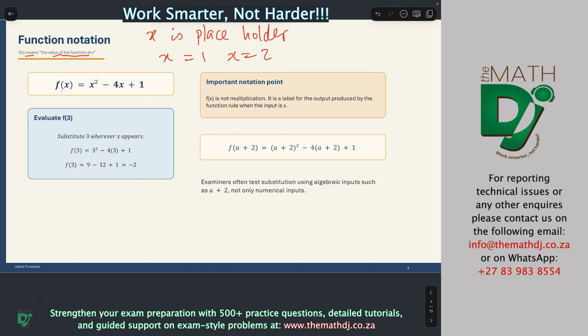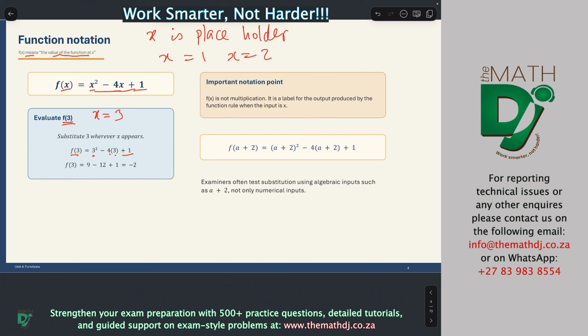For example, let's look at the following function. f(x) = x squared minus 4x plus 1. We are asked to evaluate f(3). It means where there is x, we substitute 3. In other words, x is equal to 3. So we substitute into this equation, then f(3) is equal to 3 squared minus 4 times 3 plus 1.